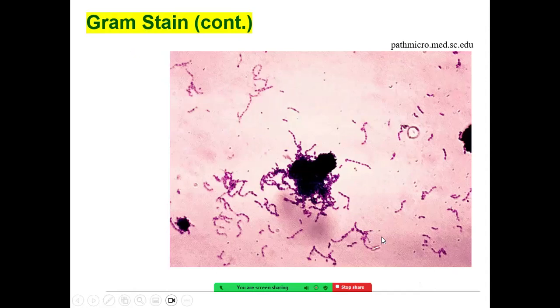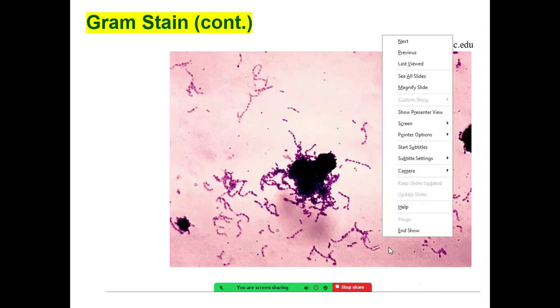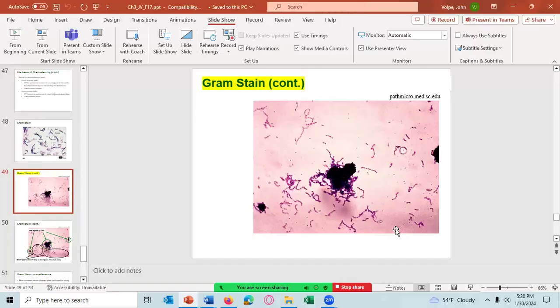When you're doing the gram stain, there are sometimes problems. Like right here, how do you read that slide? Where do you read the slide? Do you read it here, here, or there? And is it gram positive or gram negative?